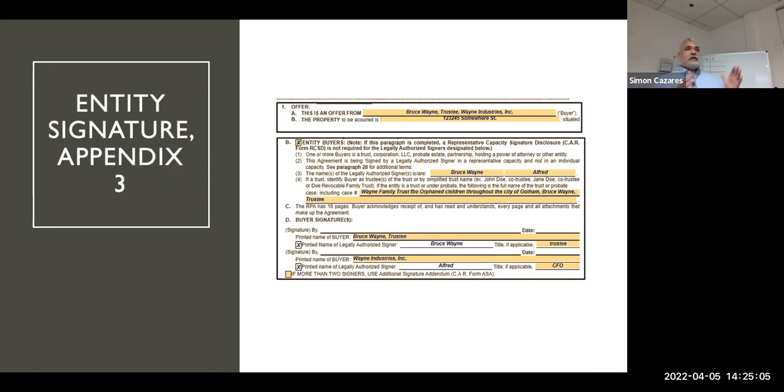Meaning that, yes, I'm buying it as an individual, but I also have the understanding that if I want to change it during escrow and put it into a corporation or a trust, then that grants me the opportunity to do so. So you're already putting that the buyer has the authorization or the choice to put it in a vesting entity as well, something different than your personal name.